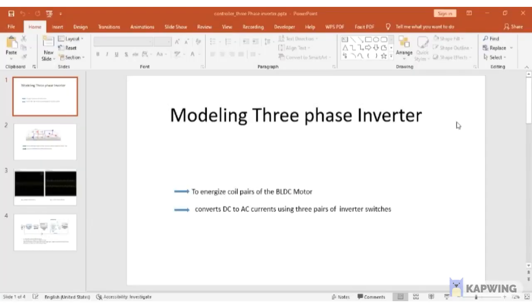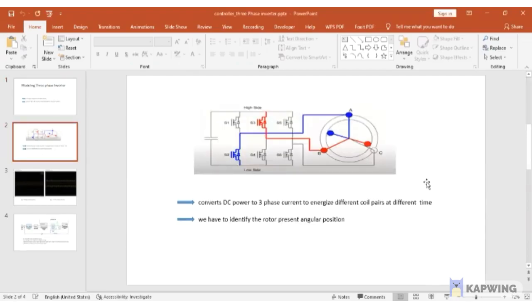Assalamu alaikum. I am Istiak Hassan Arnab, ID 89. We used a three-phase inverter to energize coil pairs of the BLDC motor and to convert DC to AC current using three pairs of inverter switches. Here we can see a DC voltage source that provides a constant voltage to the three-phase inverter, which converts the DC power to three-phase currents to energize different coil pairs at different times.